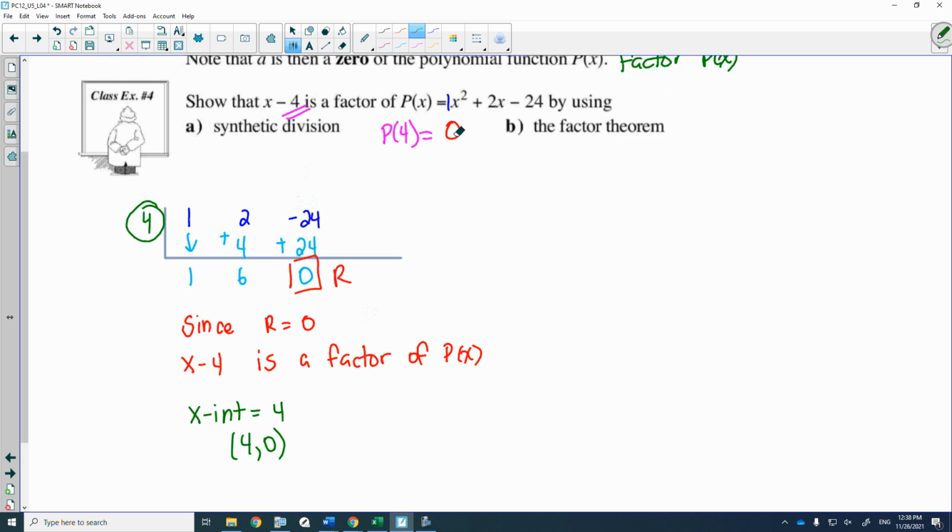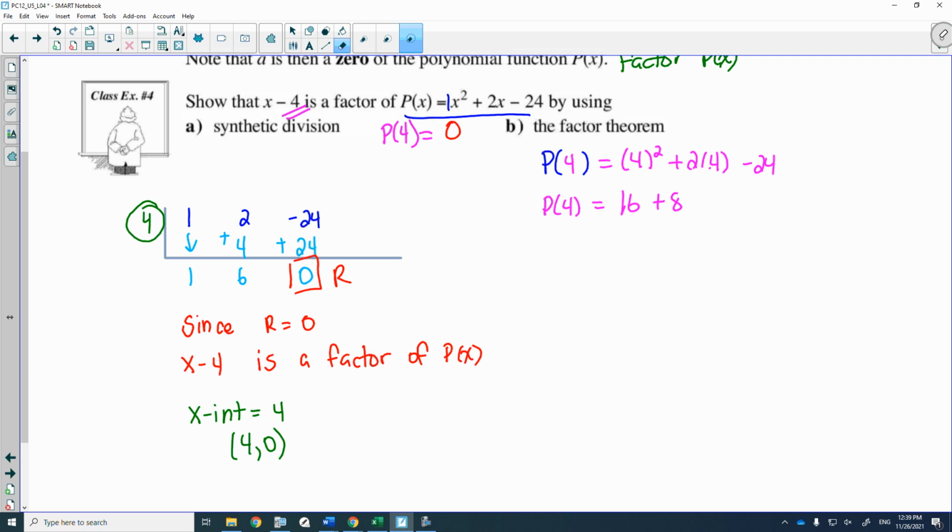So again, this would be the factor theorem. When you input the root of the divisor, if the output is 0, then the divisor is a factor. So here's our polynomial function. We are going to input p of 4. So that would be 4 squared plus 2 times 4 minus 24. P of 4 is equal to 16 plus 8, which is 24, 16 plus 8 minus 24.